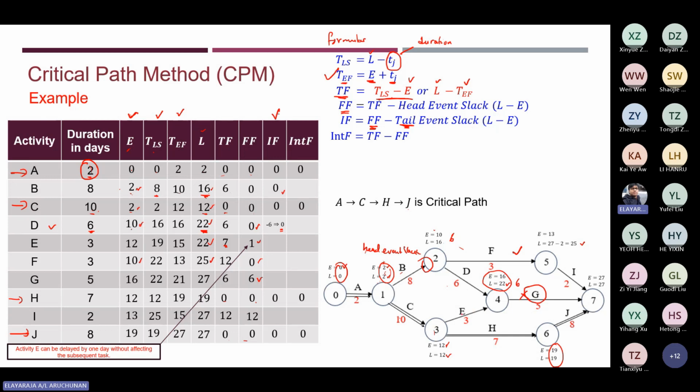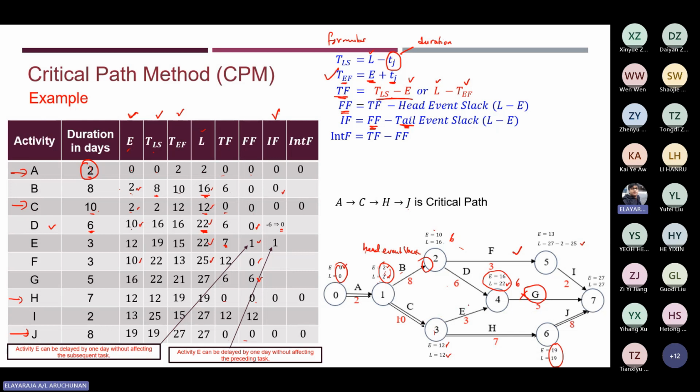Okay, now next activity E. Again, as we know, the tail event slack is 12 minus 12, which is 0. So we have a 1, and 1 minus 0 is 1. What does it mean? It means that activity E can be delayed by 1 day without affecting the preceding activity.